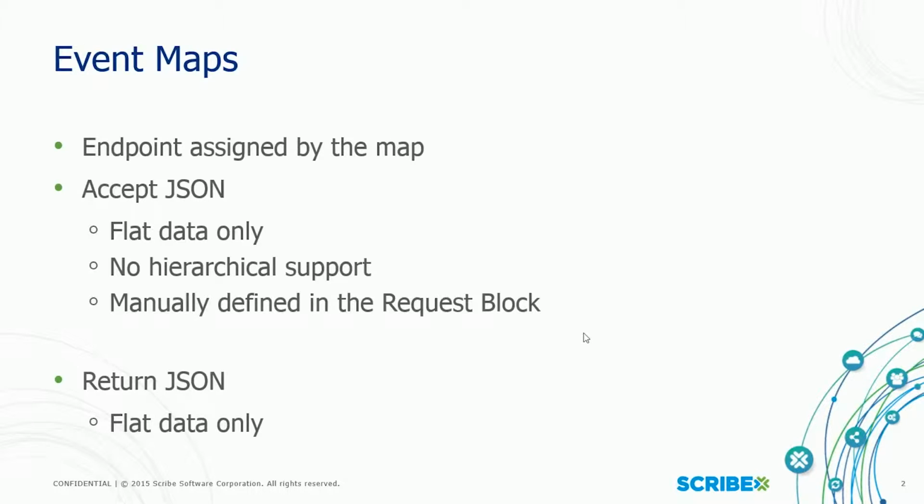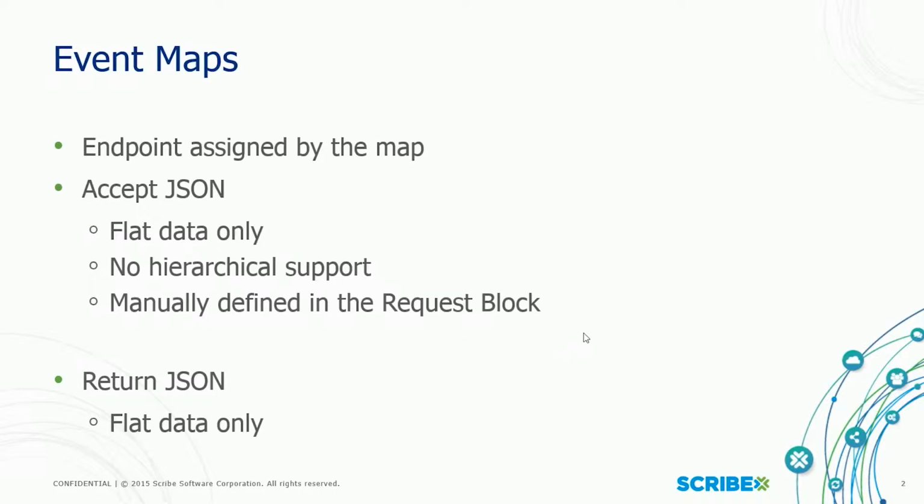Each map that you build as an event map has its own unique endpoint assigned by Scribe. It accepts JSON. It accepts flat JSON only. What that means is that when the JSON comes in, it has to be top-level JSON. So hierarchical, multi-level JSON is not supported.